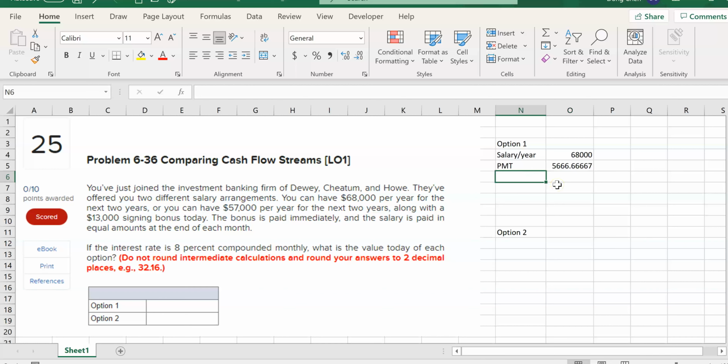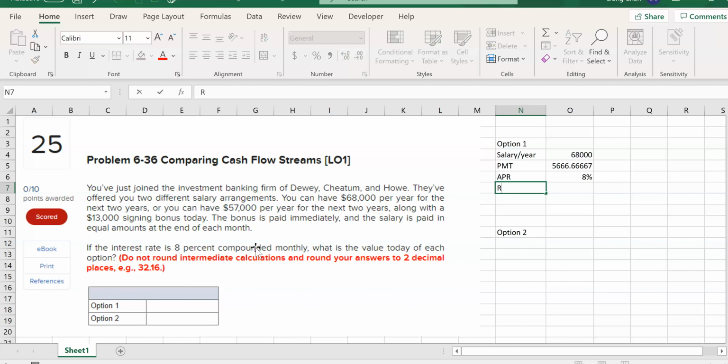And then the next information is the interest rate. Again, this is APR, and that's 8%. But since we are working with monthly payments, the interest rate should also be a monthly interest rate.